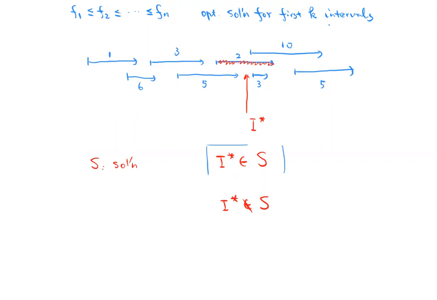Starting with this one first, because I want to see optimal substructure. Suppose I star is in the solution, so we do choose this one. Then what happens? So once we choose this one, automatically intervals not compatible with I star will be taken out.